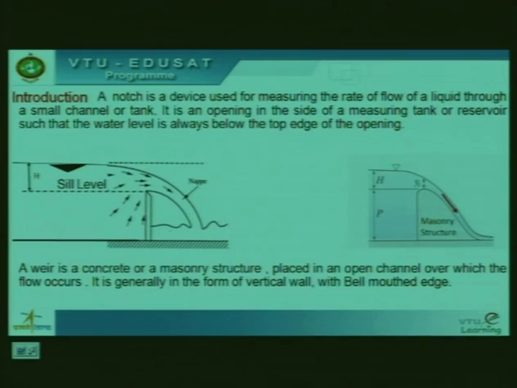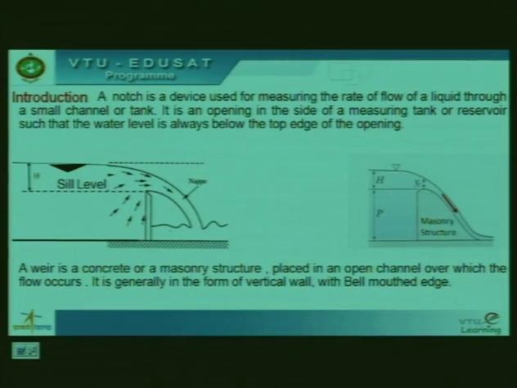Let us first define what a notch is, and let us see the difference between a notch and a weir. Then we will define the difference between a notch and an orifice. Basically, a notch is a device used for measuring the rate of flow of liquid through a small channel or a tank.